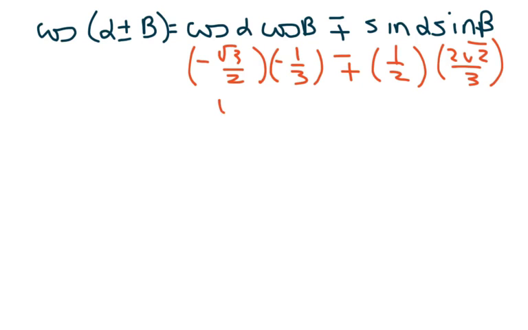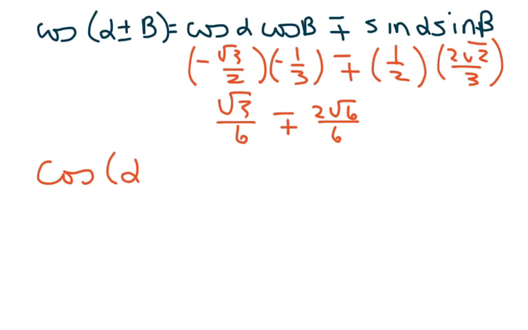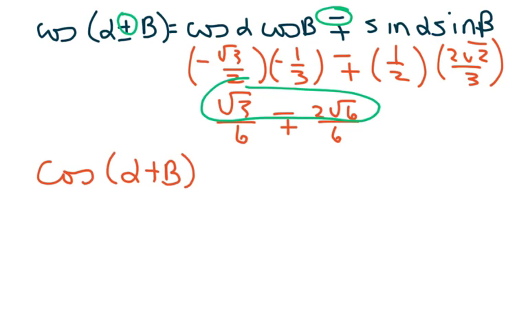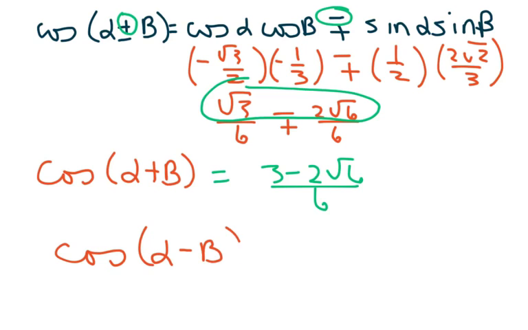Multiply it through and you get root 3 over 6 minus plus 2 root 2 over 6. So cosine of alpha plus beta, and remember in this case we're taking the top part for the plus. This goes with the minus here. So it's going to equal 3 minus 2 root 6 over 6. And cosine of alpha minus beta is the opposite. So that's going to equal 3 plus 2 root 6 over 6.